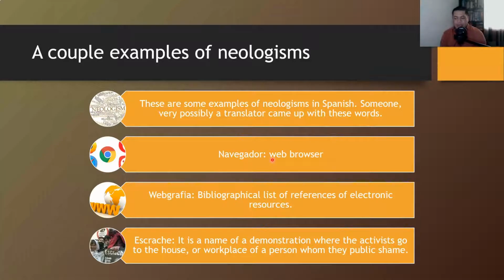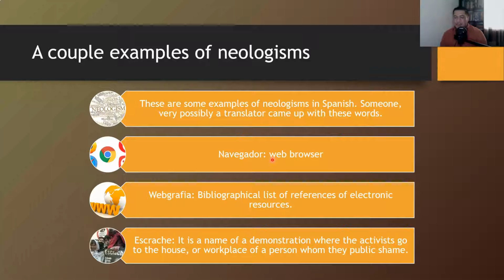I think that we use navegador because at the beginning of the use of the internet, we talked about surfing the web, right? Surfing the web, so surfing and navegar. So I kind of feel that there's a connection, right? There's a sort of imagery connected over there.